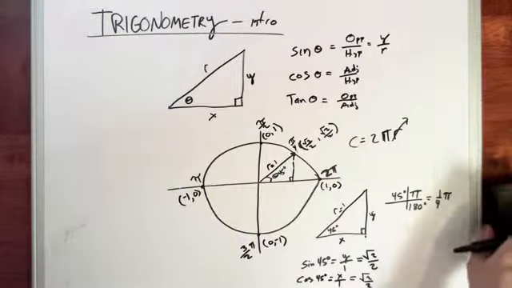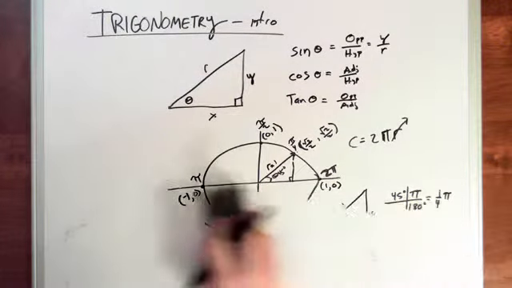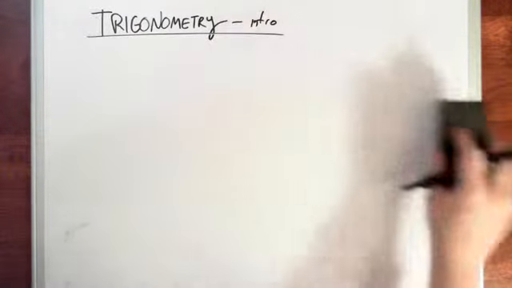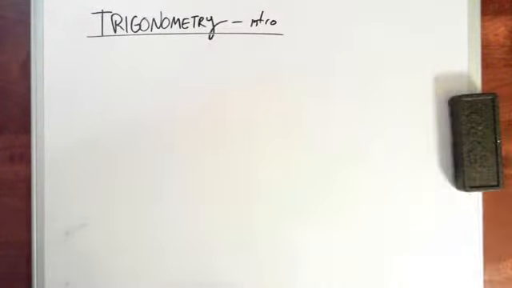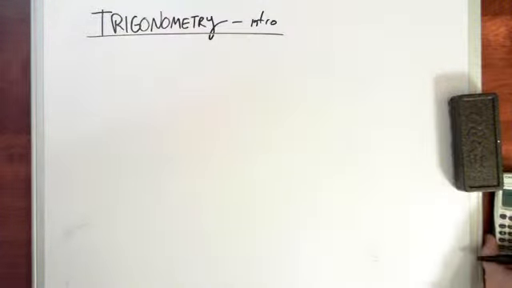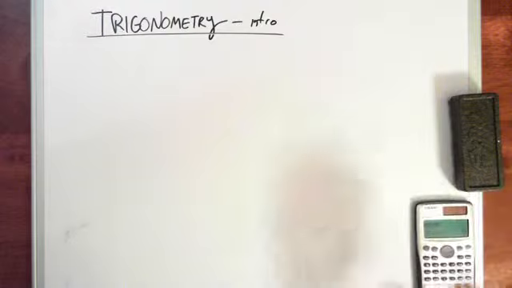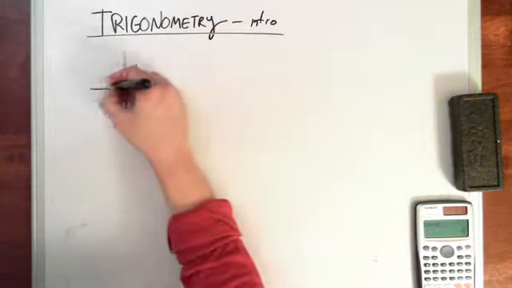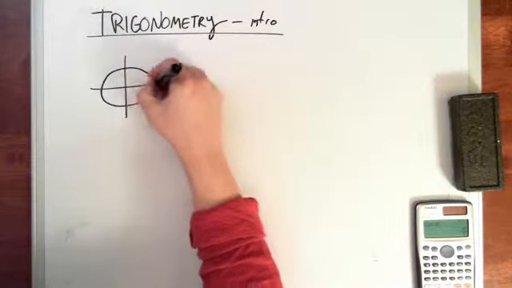So let's take just a little bit more room here. So let's look at 60 degrees on the unit circle. So we'll draw a mini unit circle here for now.